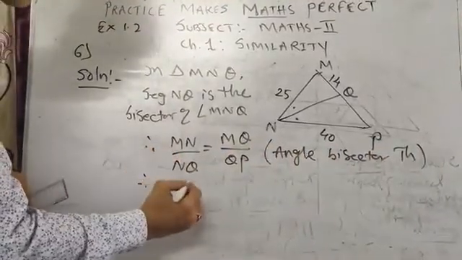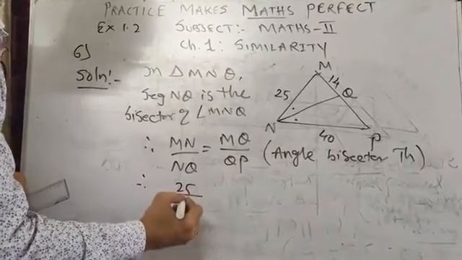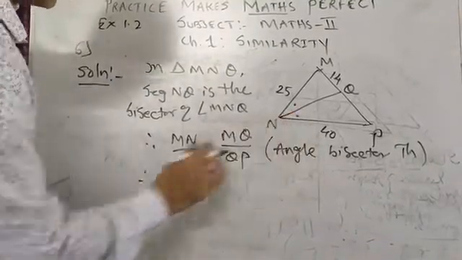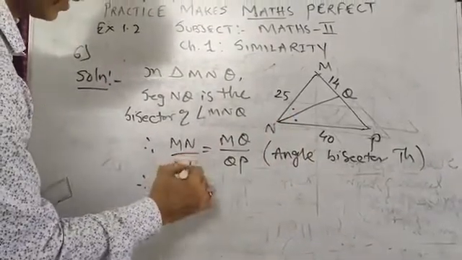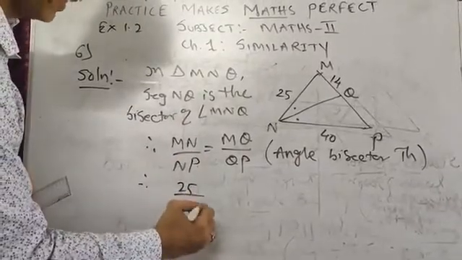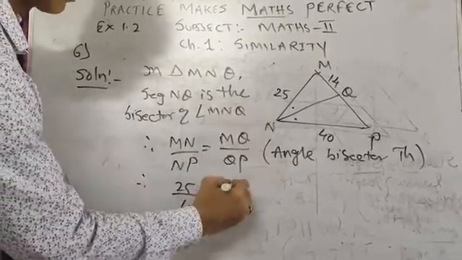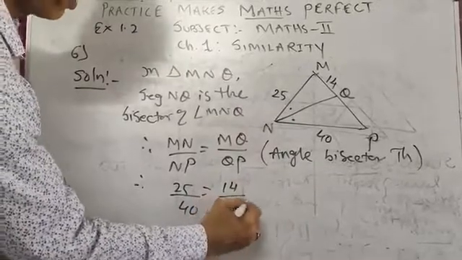Now just put the values. MN value is 25. NP is 40. NQ is 14 and QP we have to find out.